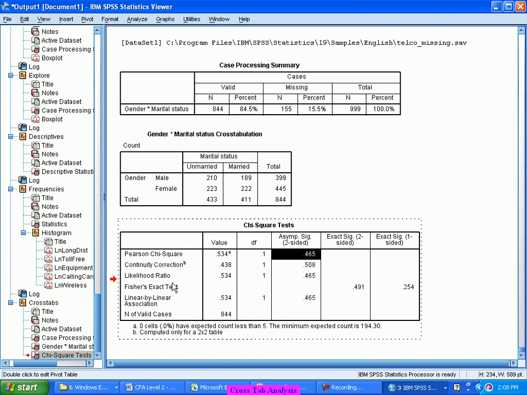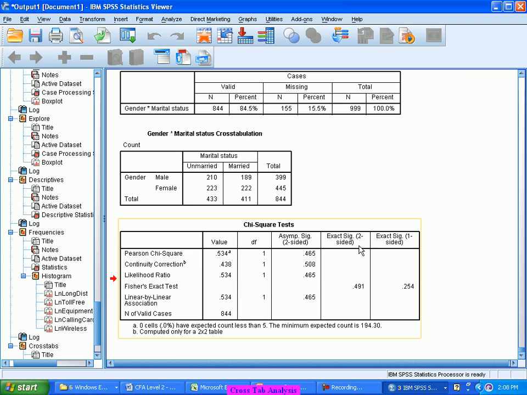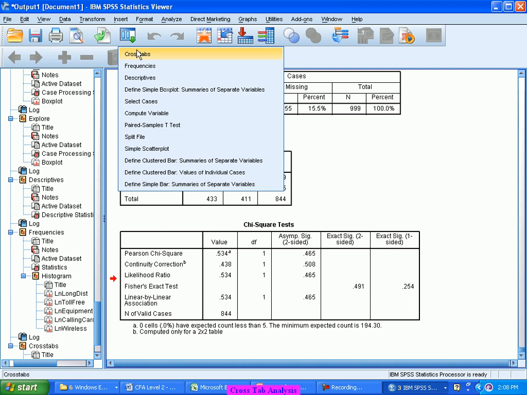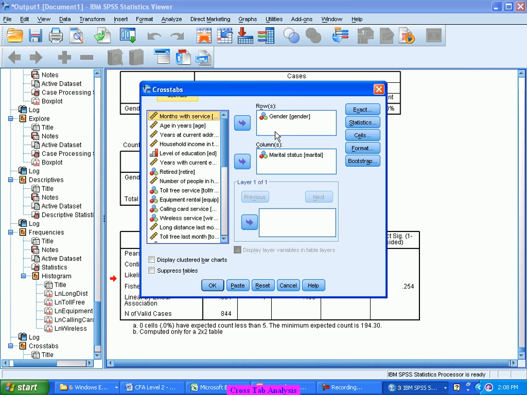Now let's say I'll do two more tests that will make you even more comfortable. Let's say I'll do the same, not with marital status, but with gender and level of education.